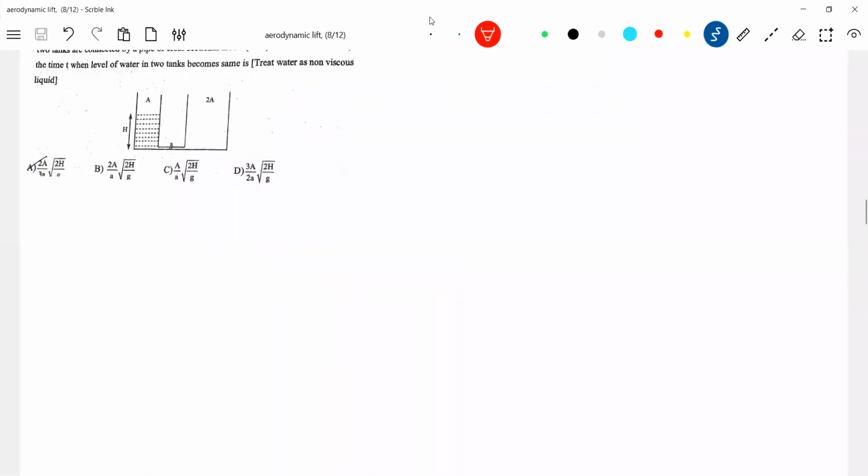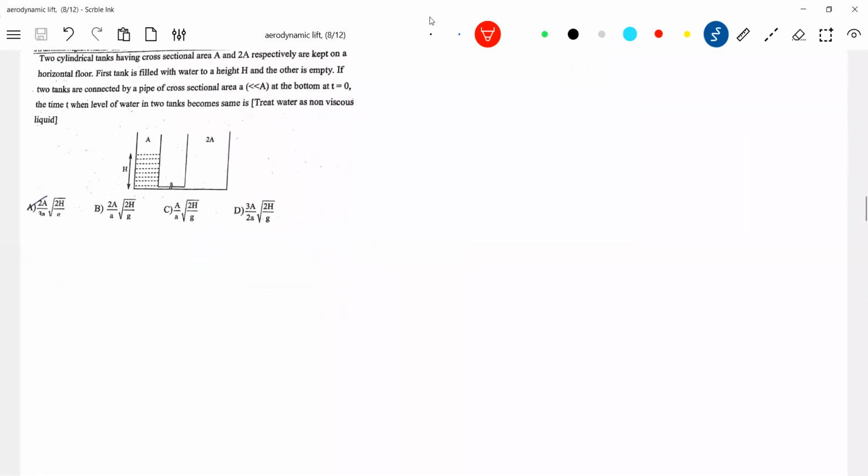One more question we had. Read the question. I'm bringing two containers. Carefully read the question first. First try to understand it.